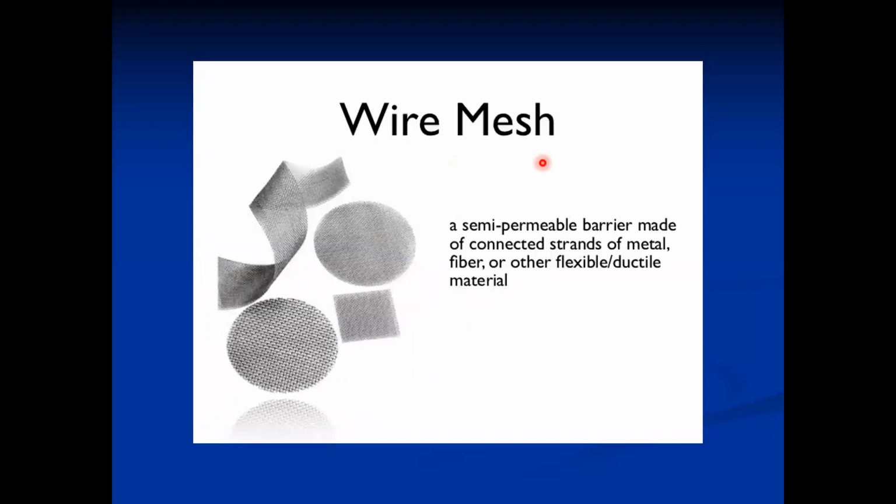Wire mesh, a semi-permeable barrier made of connected strands of metal, fiber, or other flexible material. It is basically used while heating the beaker by placing it on them in order to prevent direct heating.